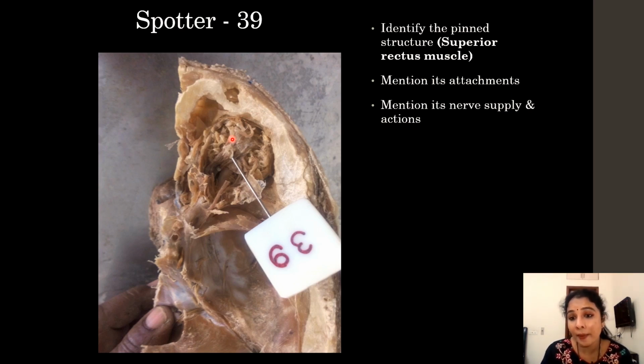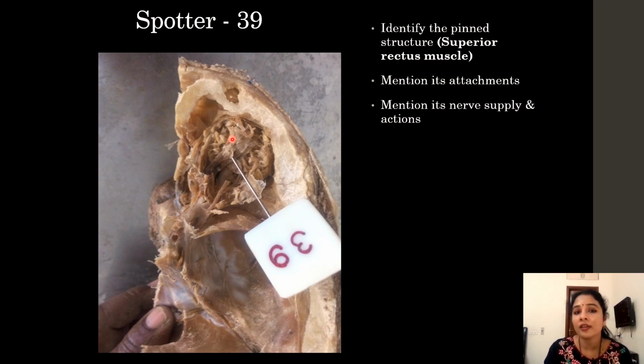Then I is for inferior rectus, that is 6 mm. Then lastly medial rectus, 5 mm. So these are the approximate values from the limbus where these recti get inserted to the sclera of the eyeball. So for superior rectus you can say 8 mm behind the limbus, that is sclerocorneal junction, to the sclera.